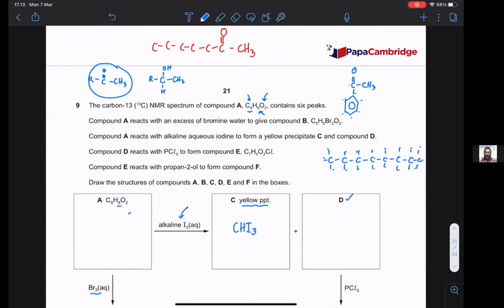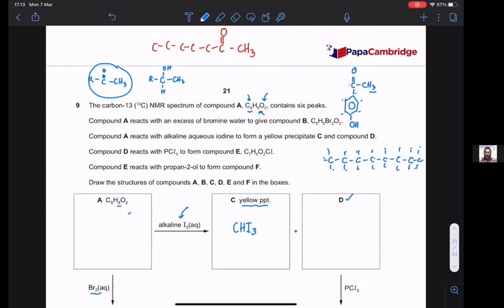But I know that I need to have another oxygen. So where do I put another oxygen? Maybe I put the oxygen here. If I put the oxygen over here, that H has been replaced, so I think it is better to put the H here. Now, if I have 3 hydrogen, I have 4, 5, 6, 7, 8, so it matches.